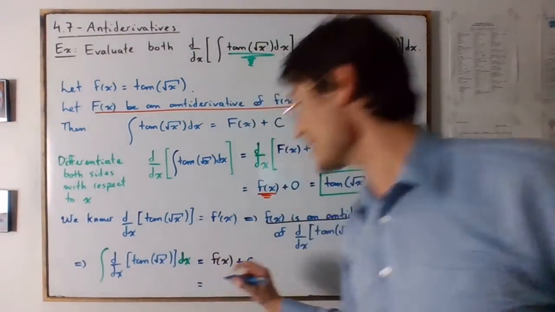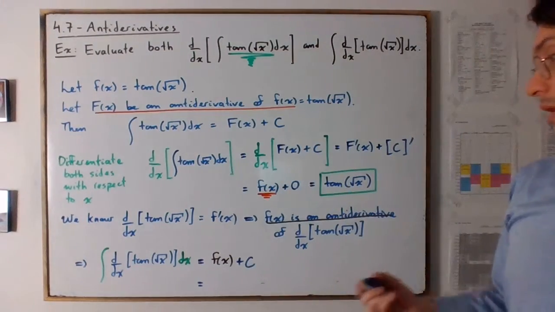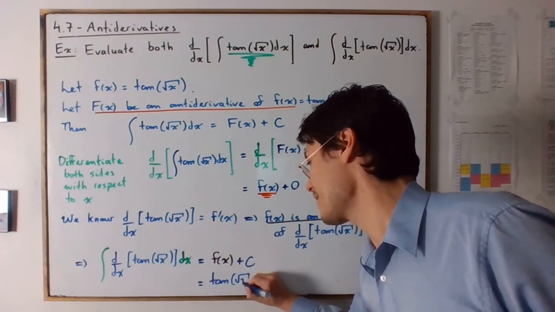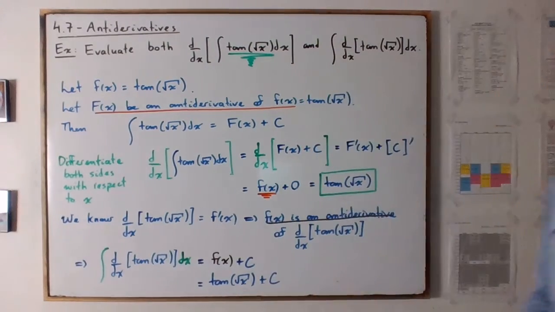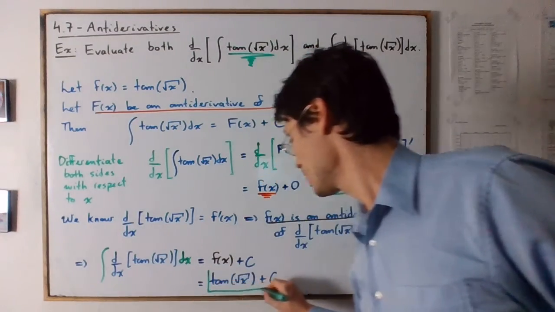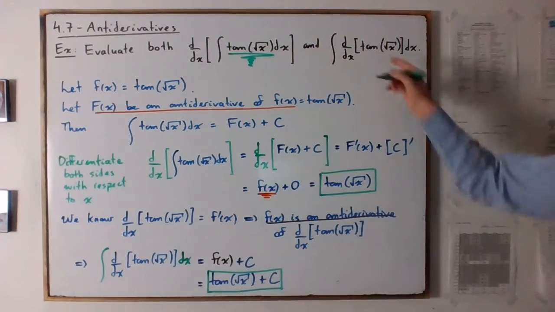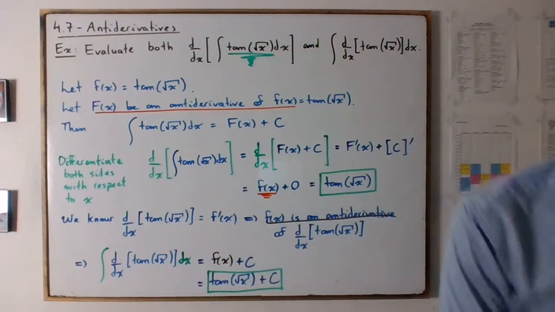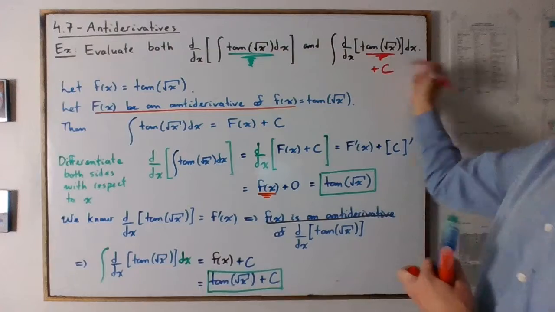So now what is f of x? f of x is the tangent itself, right? So let's write it down. We have the tangent of square root of x plus c. So this is the answer to the second question, all right? What I want you to note is that you don't exactly have this. You have this plus c.